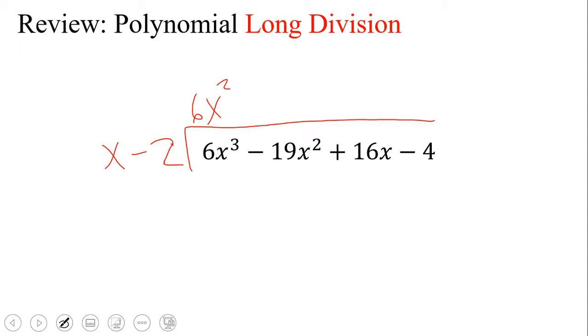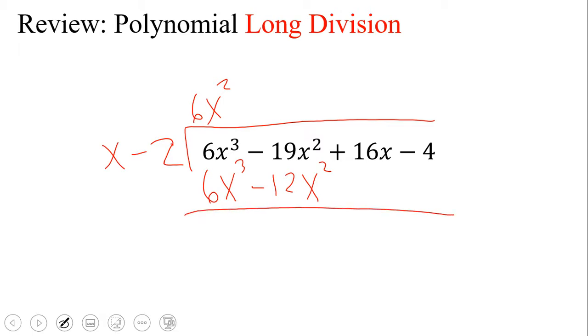You're then going to multiply 6x squared times both values on the outside here in the divisor, x minus 2. So that's going to give you 6x cubed, then minus 12x squared. Hopefully you remember back from your long division days in 3rd grade that when you go to do the next step, it's subtraction.